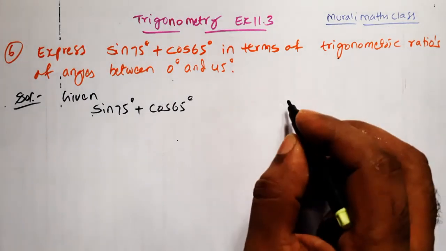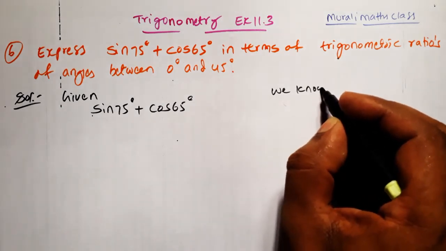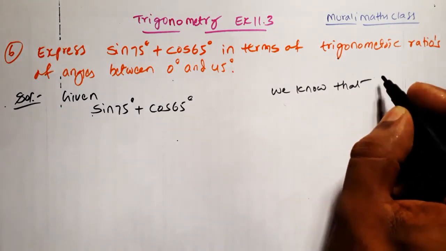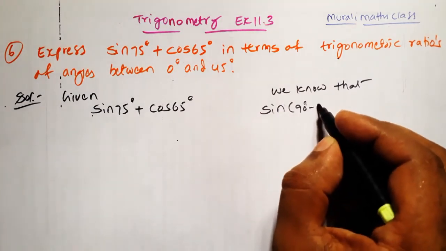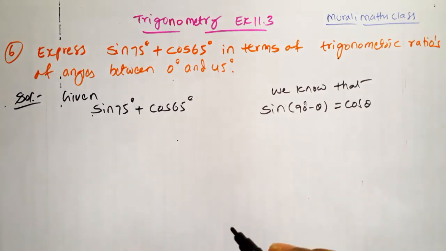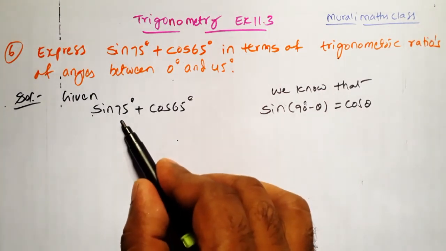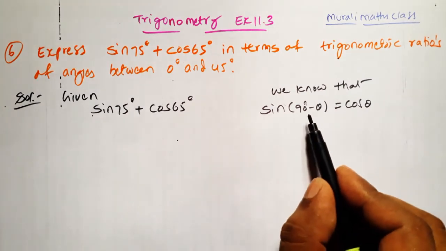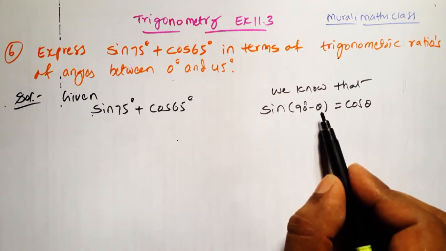Observe here. We know that sine 90 degrees minus theta equals to cos theta. That we know, okay? Observe here. How much we have? 75. So 90 minus which angle gives 75? That theta we have to write.